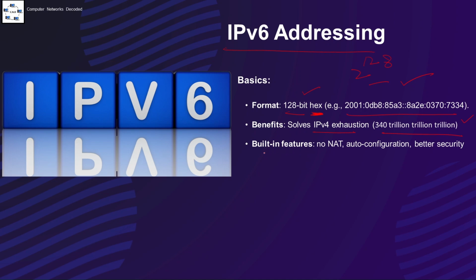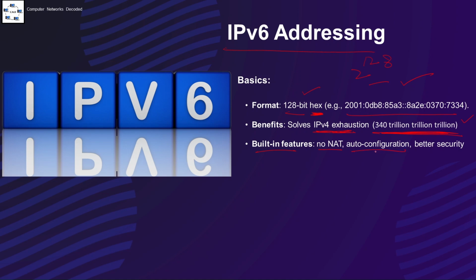Another benefit is that it has built-in features, so we no longer need network address translation, because NAT was used due to the limited number of IPv4 addresses. Now, since we have a lot of addresses, we no longer need NAT, and it is not used in IPv6.